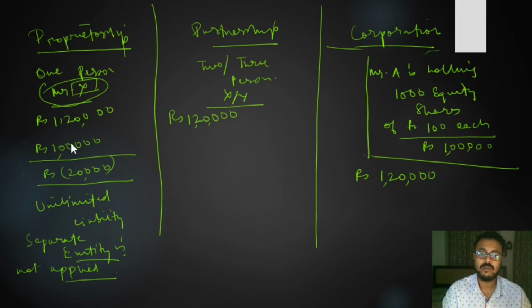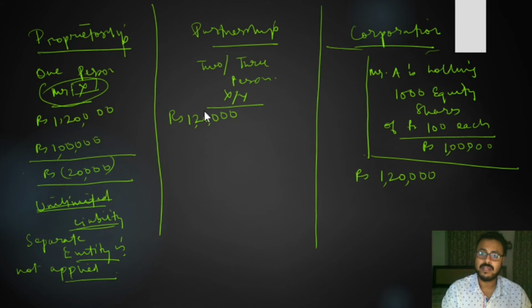Hence, whatever amount is owed by the business is owed by Mr. X. So if he is short of 20,000 and is not able to meet the requirement from the company's accounts, he has to pay rupees 20,000 from his pocket. This is where the unlimited liability clause is adopted.